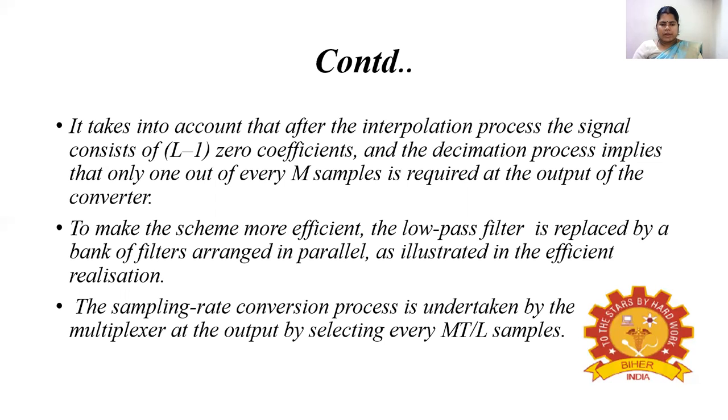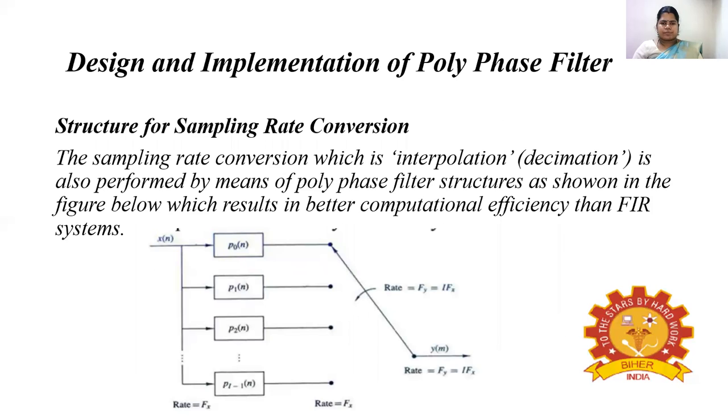Here the sampling rate conversion process is then undertaken by the multiplexer at the output by selecting every M/L factor samples. This is about the design and implementation of a polyphase filter. This is the structure for a sampling rate conversion.